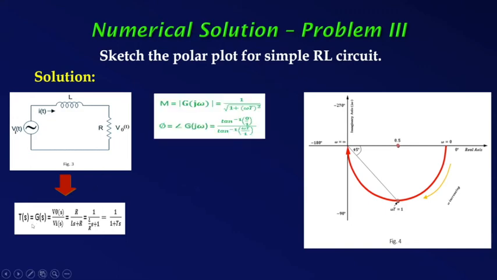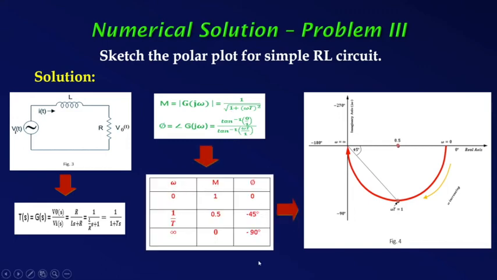Then put s equal to j omega and take the magnitude, so we get 1 by root over real square plus imaginary part square. The phase angle is tan inverse 0 by 1 minus tan inverse omega T by 1.